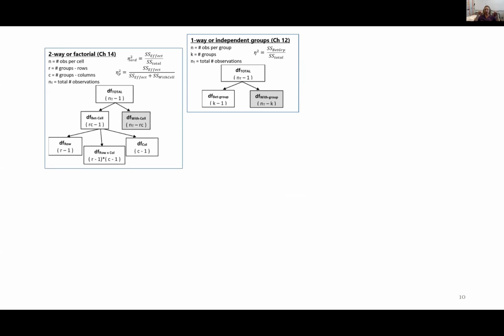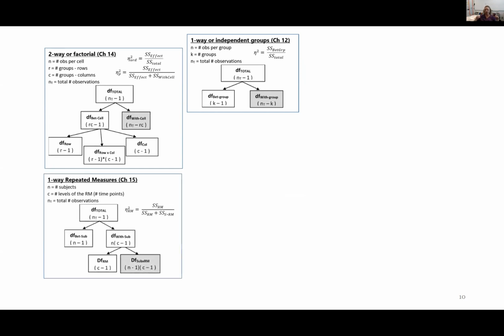When we did two-way factors, we went further into the 2 variables and their interaction. When we did repeated measure, we did between subjects and within subjects was due to repeated measure and the subject by repeated measure interaction. Now we're going to combine all this together. You ready?